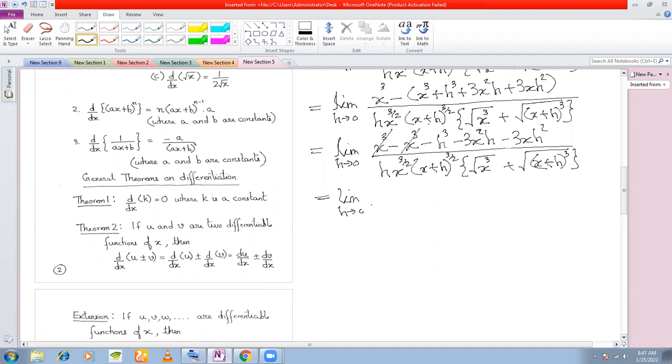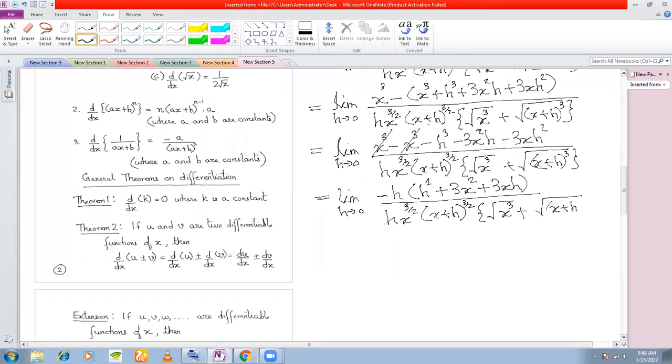So if I take h common, let's take minus h common. So I'm going to get minus h square plus thrice x square plus thrice xh divided by h into x to the power of 3/2 into (x + h) to the power of 3/2 into square root x cube plus square root (x + h) whole cube, right?